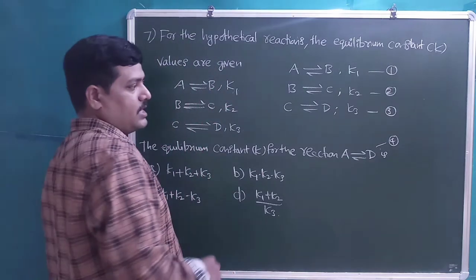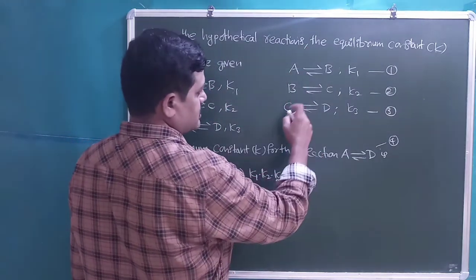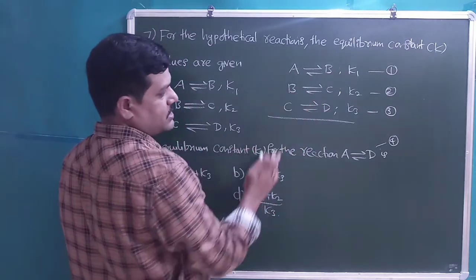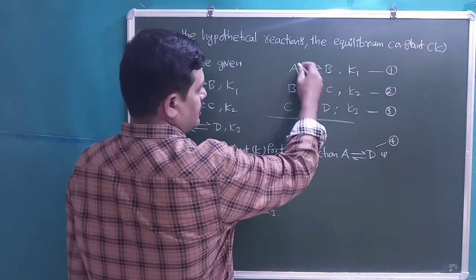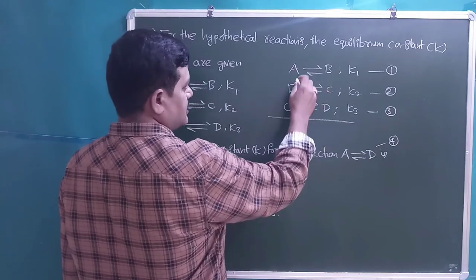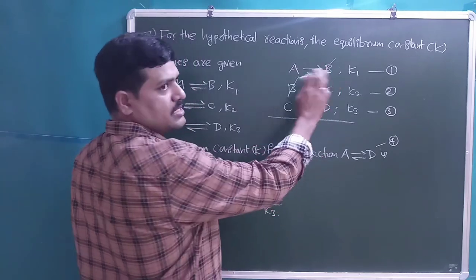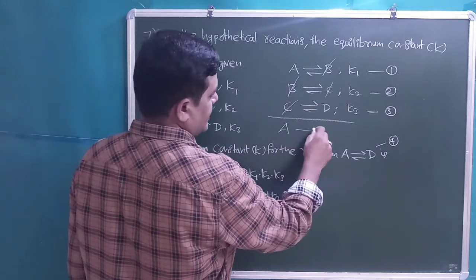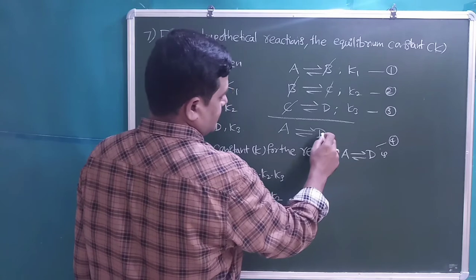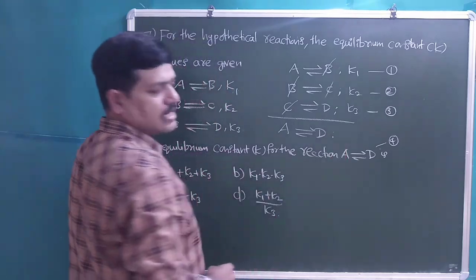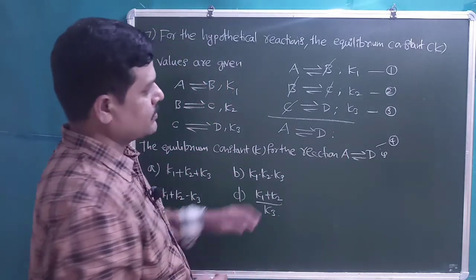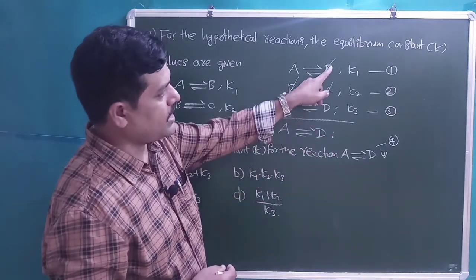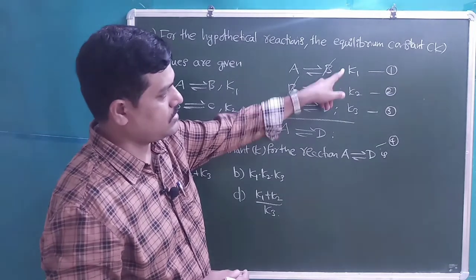To get the fourth equation from the first three equations, we can simply add all these equations, and we will get the fourth equation, right? When we add these equations, B on opposite sides will get cancelled, C will get cancelled. We are getting A gives rise to D. So when a reaction occurs in more than one step, the equilibrium constant for the reaction is the product of the equilibrium constants of all those steps.